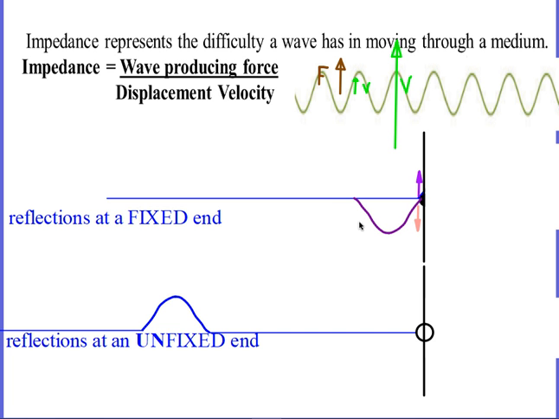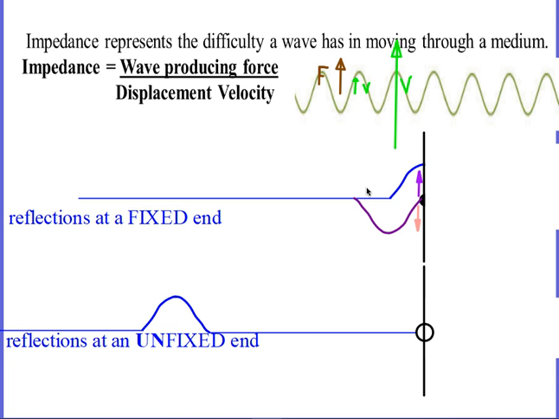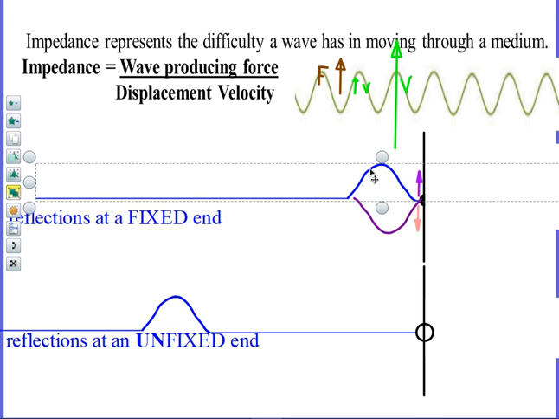I hope this helps it to make sense, but at a fixed end you get an upside down or an inverted reflection, or we say it is a reflection that is half a wavelength out of phase. That is, I sent in a crest, and the reflection is going to be a trough, half a wavelength out of phase.